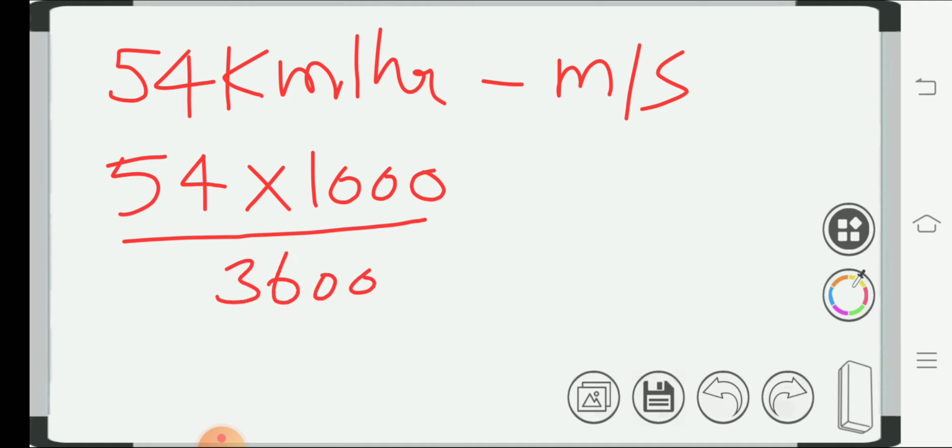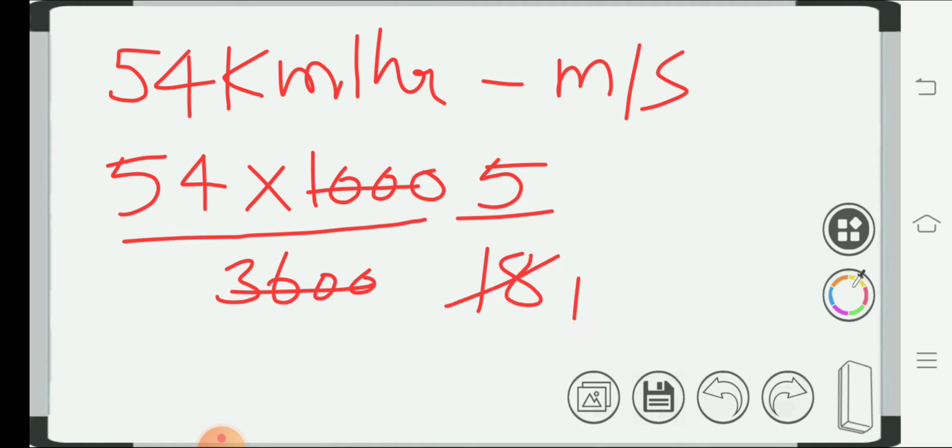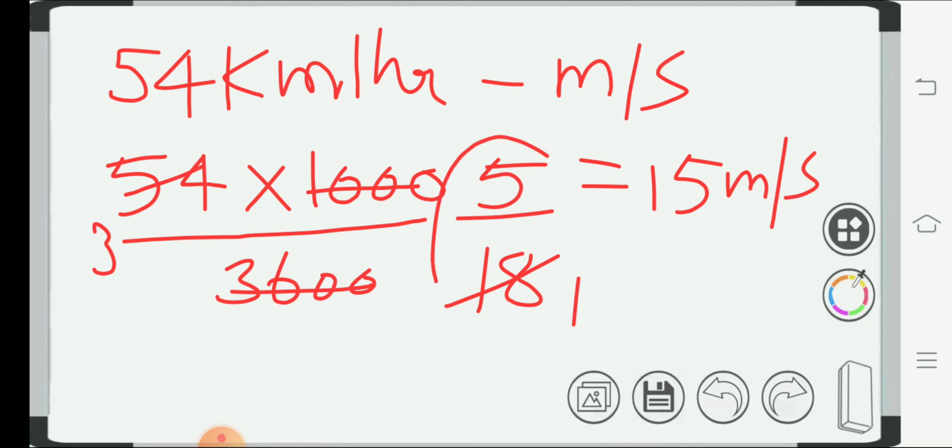So instead of going for this long method, we have already shortened it, that is I multiply by 5 by 18. Okay, so when I multiply by 5 by 18, 18 threes are 54, and 3 fives are 15 meter per second. That is the reason why we have to multiply by 5 by 18 to convert kilometer per hour into meter per second.